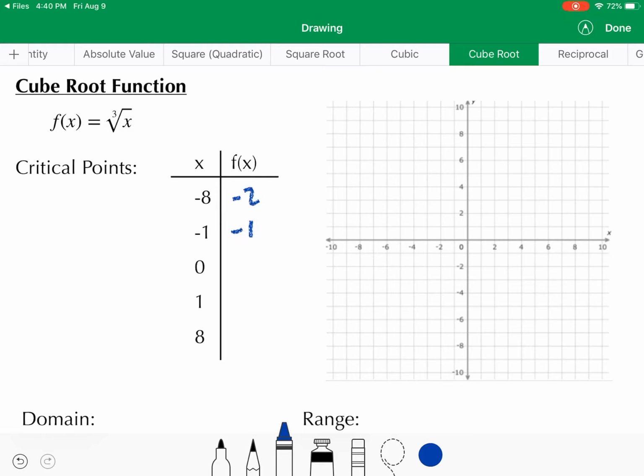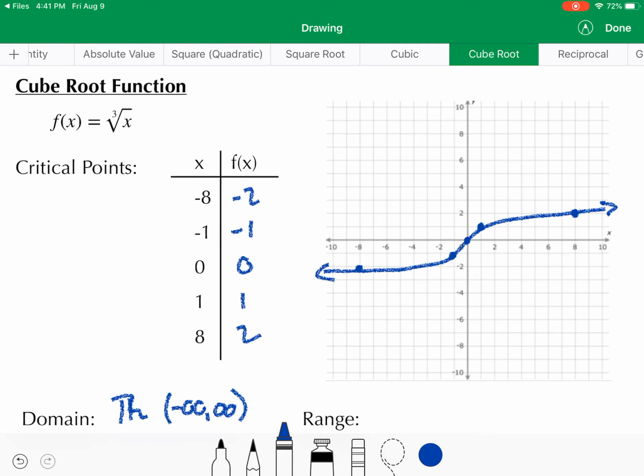Cube root of -1 is -1. 0, 1, and 2, right? Plot them. And notice it's a very similar curve to the cubic function. Okay. Domain, all real numbers. Range, all real numbers.